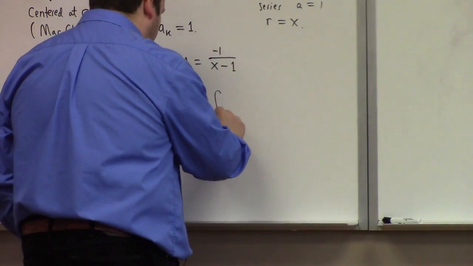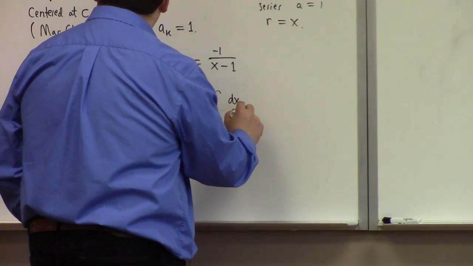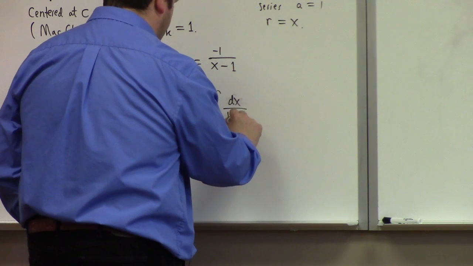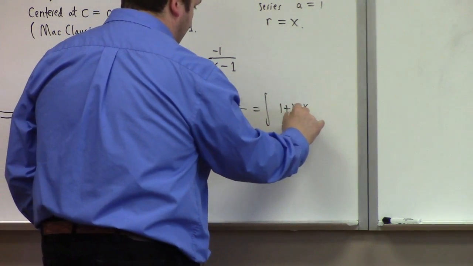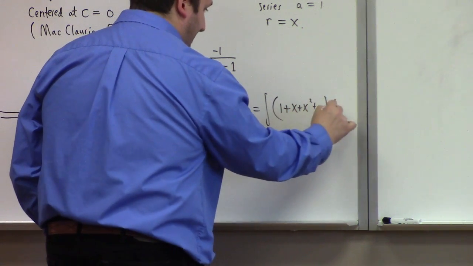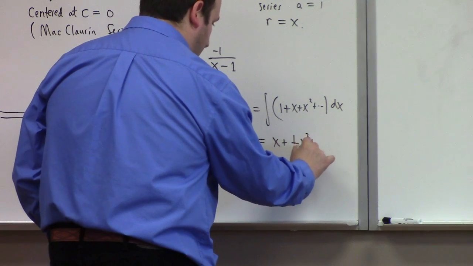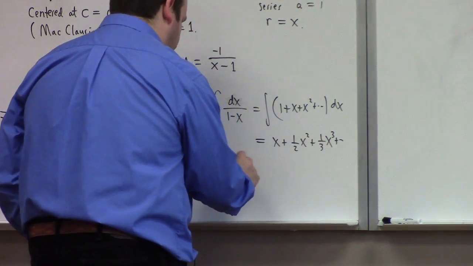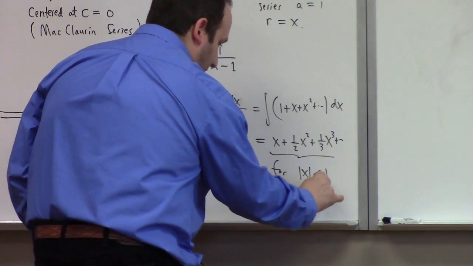For example, here I could tell you the integral of dx over 1 minus x. I could say, well, that's the integral of 1 plus x squared plus dx, right? And that would be equal to x plus 1/2 x squared plus 1 over 3 x cubed plus ... But this would only be true for absolute value of x less than 1.